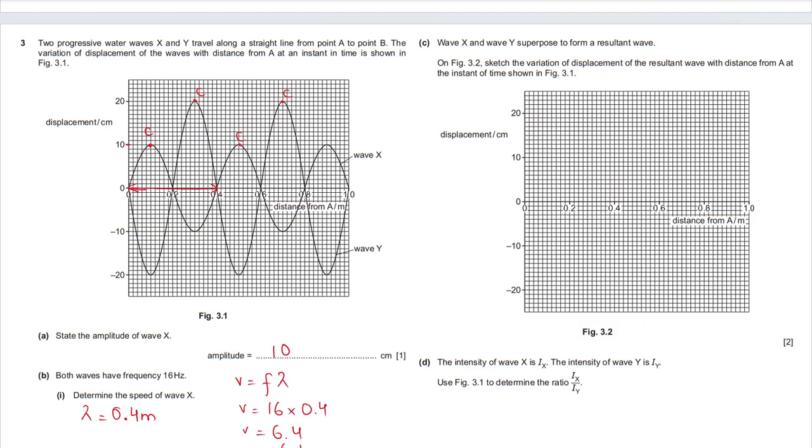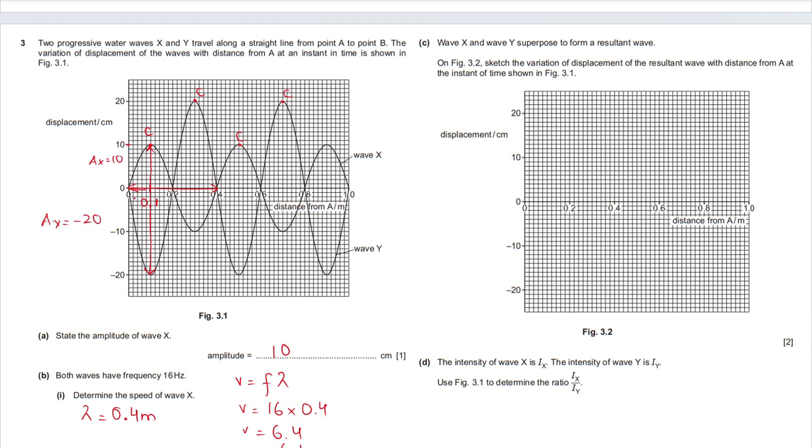Okay, अब बेटा, if we look at this point 0.1, what is the amplitude of wave X? It's 10. So amplitude of wave X is 10. And what is the amplitude of wave Y? It's negative 20.